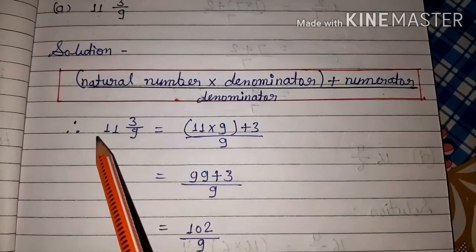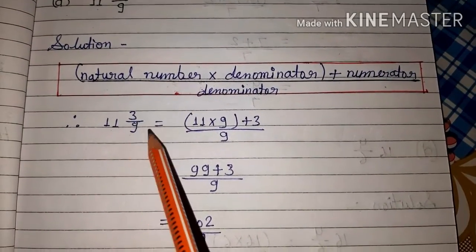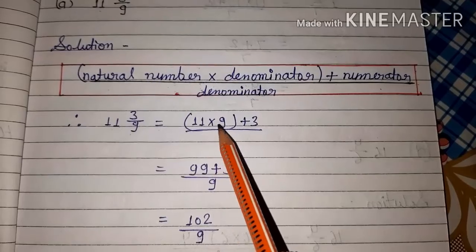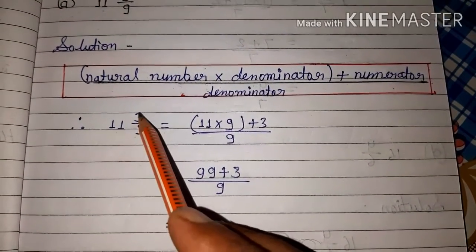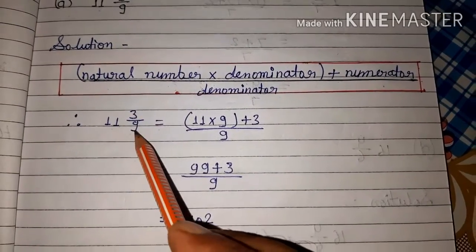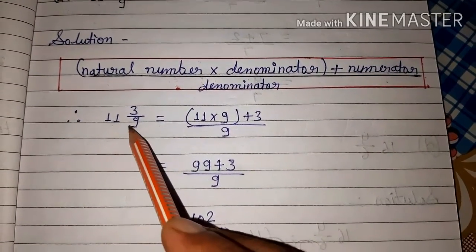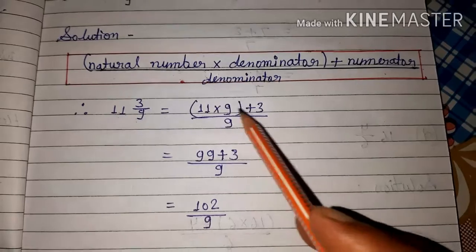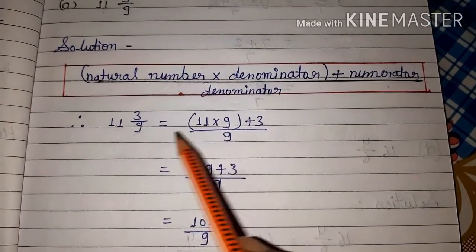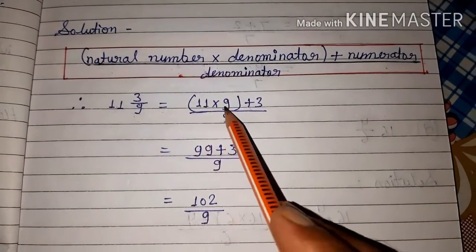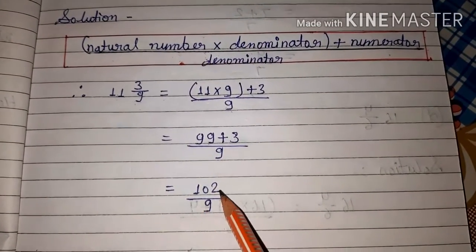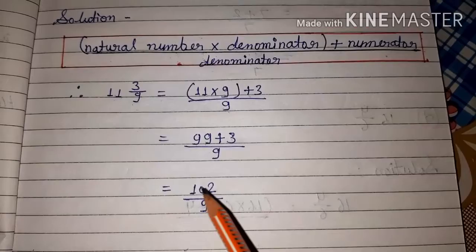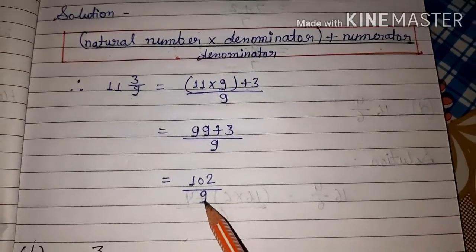Therefore 11 whole 3 by 9 is equal to 11 into 9 plus 3, and the denominator 9 is the same. 11 nines are 99 plus 3, 99 plus 3 is 102 upon 9. 102 by 9.